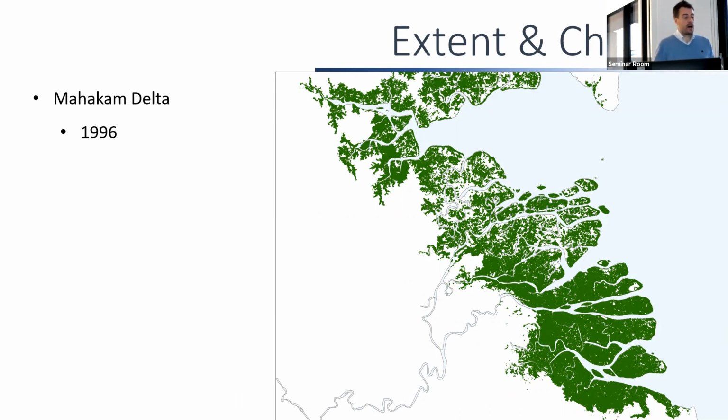And it aims to provide a high-quality global mapping of mangrove extent on roughly an annual basis. It's mapped using a combination of radar data, ALOS PALSAR, and also the Landsat time series. And it's created a new nominal baseline for the year 2010.